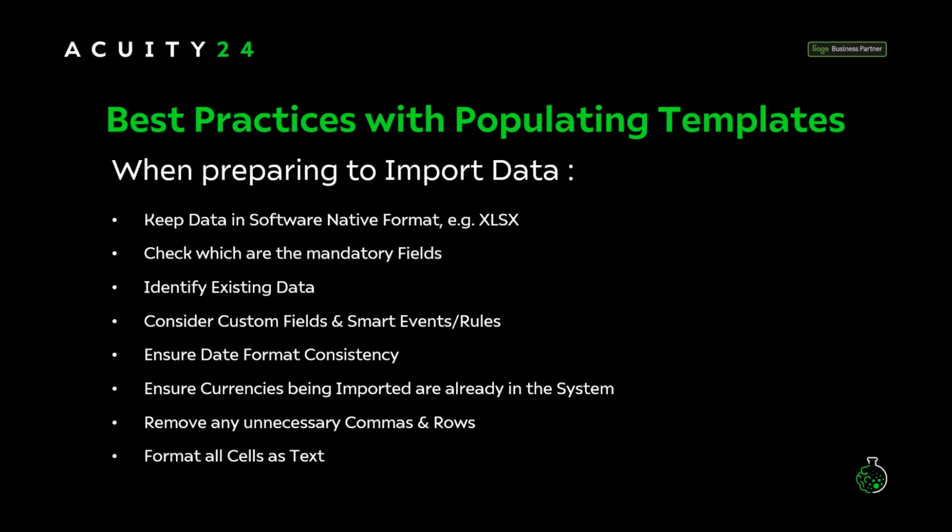So firstly, it's best to keep your data in the standard format. That is of the spreadsheet software, which is typically, again, as mentioned before, Microsoft Excel. So when you download the template, work on the Excel version right up until the point where you're ready to import, and at that stage, save it as a CSV. And if you have to make any changes, revert back to the Excel and overwrite the CSV.